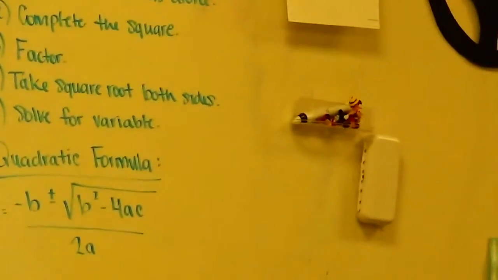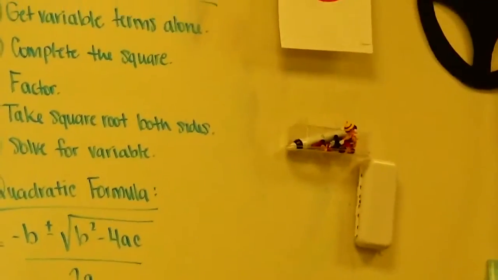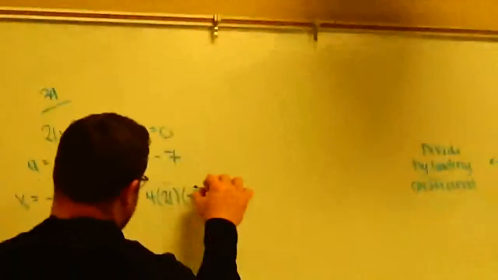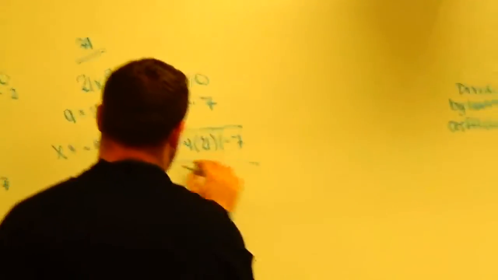So x equals the opposite sign of b, plus or minus the square root of 5 squared, which is 25, minus 4 times A, which is 21, times C, which is negative 7, and all of this over 2 times 21.